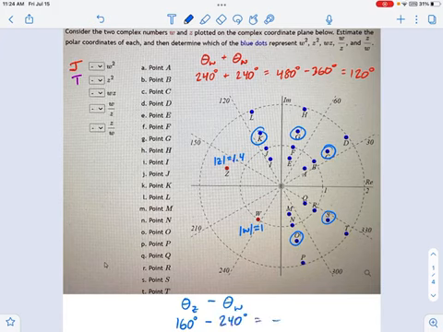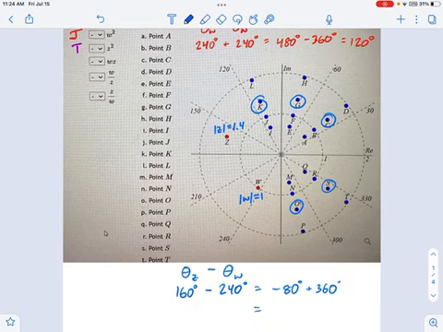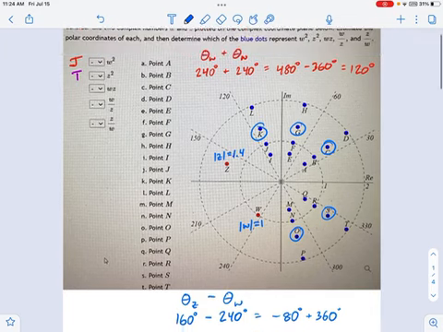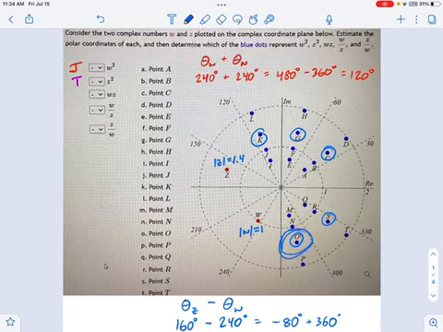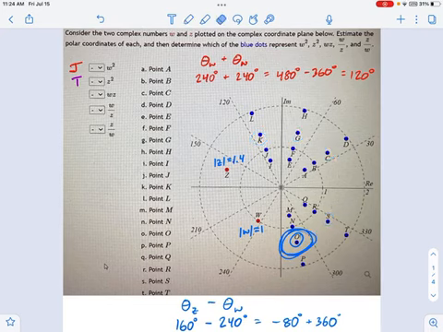And that gives me negative 80, I think, and whoops, I'm not on the unit circle anymore, so maybe just add 360 to make it a little easier to see what we have here. And that's going to be equal to 280 degrees. Oh, look at that. There it is right there. So that's a little past 270. That's the one I want. And we're going to go with O for our answer there.